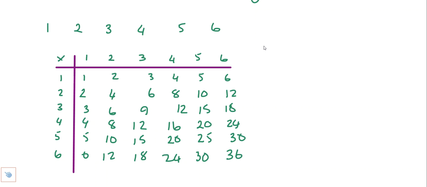If I take 2 dice and multiply the results together, I'd like you to do this now in your book. What would be the probability of me ending up with a prime number answer? What would be the probability of me ending up with a square number answer?